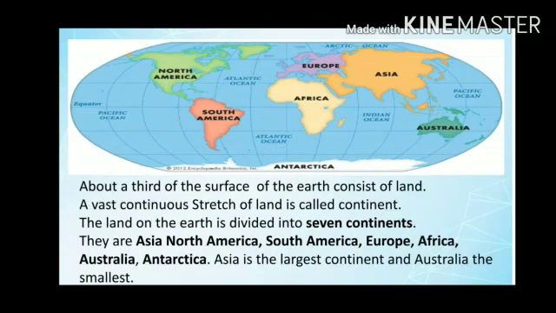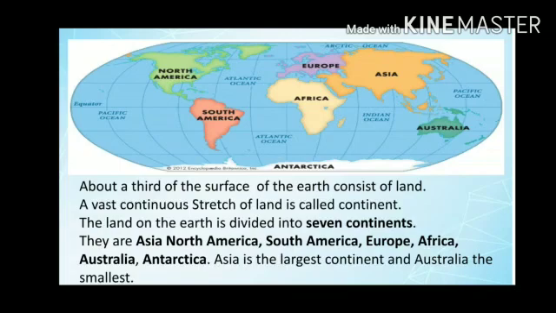From the picture of the Earth earlier, we have seen the Earth is divided into land and water. About one third of the surface of the Earth consists of land. A vast continuous stretch of land is called a continent. Now, what do you mean by continent? If you look at the picture above, you see that each part of the land is given in different colors.